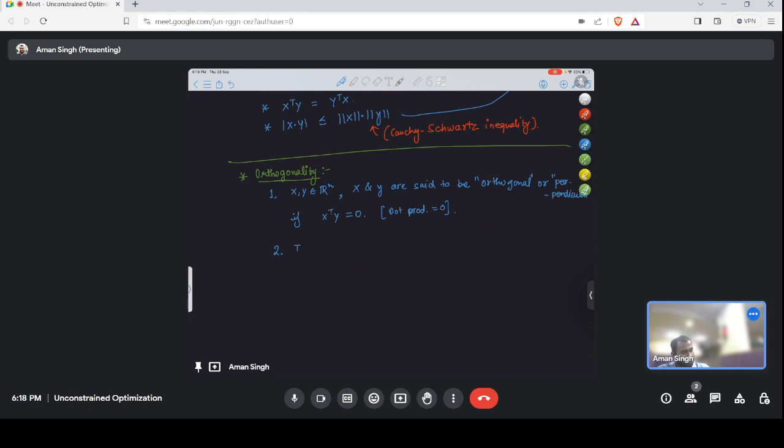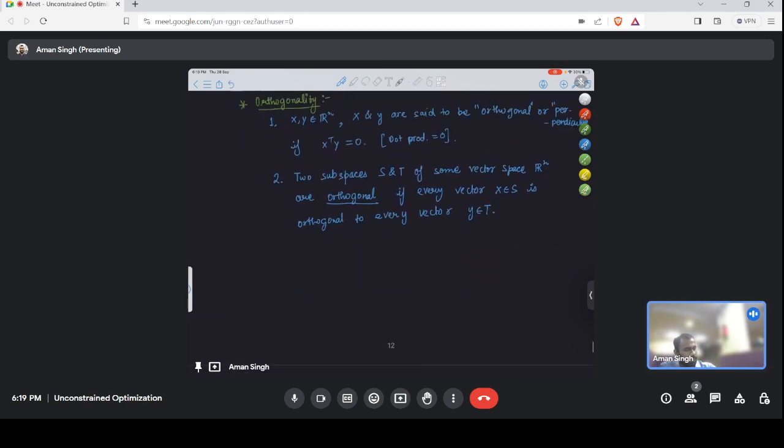Let's say two subspaces S and T of some vector space Rn are orthogonal if every vector x belonging to S is orthogonal to every vector y belonging to T. So basically all the vectors in S are perpendicular to all the vectors in T. That's what it means.